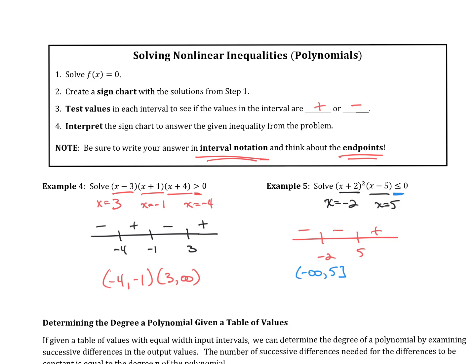All right? Just for side note, this is like part 2. All right? So on this one, let's say this x plus 2 squared times x minus 5 is just less than 0. I want to show you the difference between them. All right? So it's the same little sign chart, but it's going to be a totally different answer. Not totally, but it's going to be a different answer.